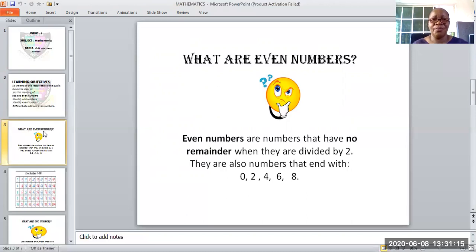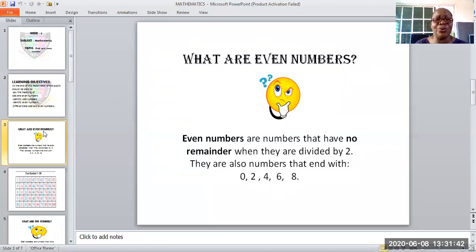They are also the numbers that end with 0, 2, 4, 6, and 8.